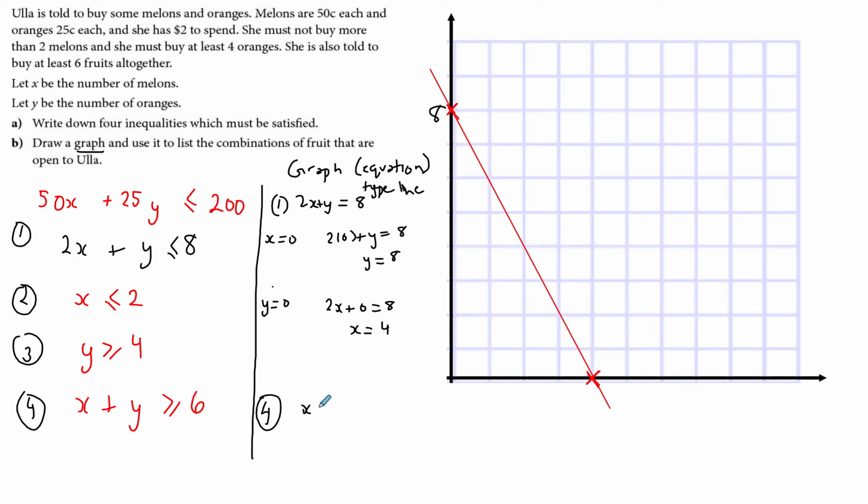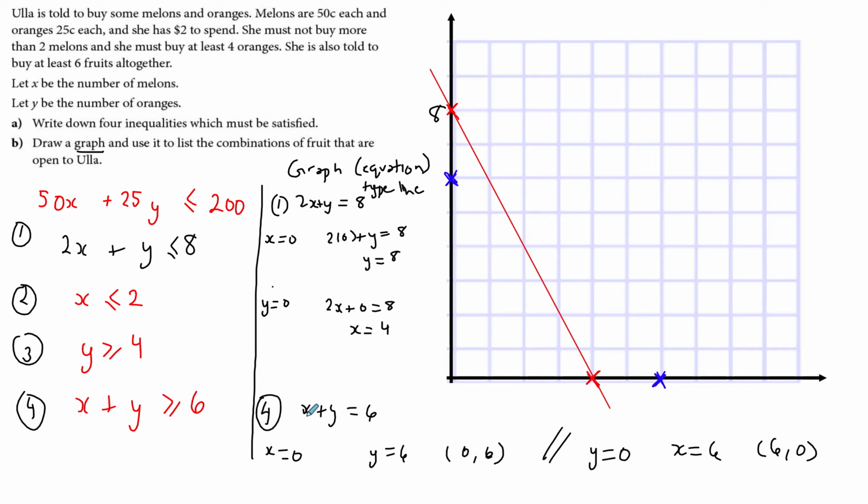So I'm going to do the same thing for the fourth one. I'm going to pretend I'm graphing x plus y equals to 6. And the same thing, I'm going to make x equals to 0. So if I make x equals to 0, y is equal to 6. And if I make y equals to 0, I'm going to get x equals to 6. And so my coordinates are 0, 6 and 6, 0.